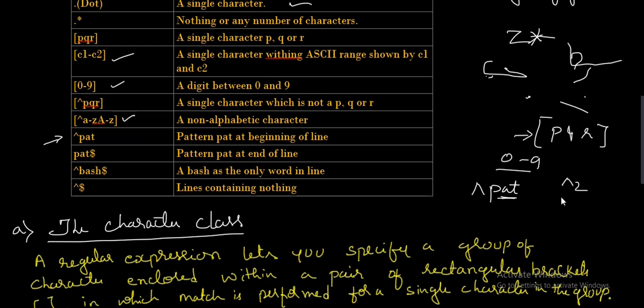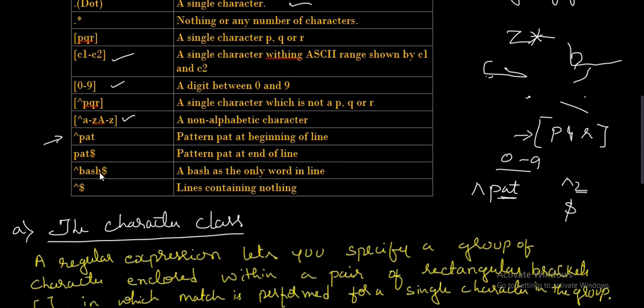If the line's first character is 2, then select that line. It does not mean that you select all the words wherever it matches; it is only the beginning of the line that is matched. In case you want to match the pattern at the end of the line, you use the dollar symbol, so that is pattern followed by dollar.